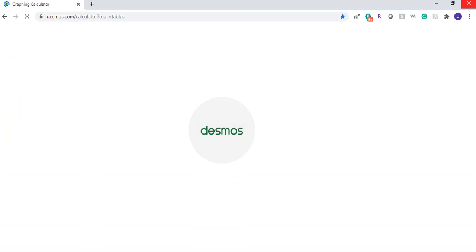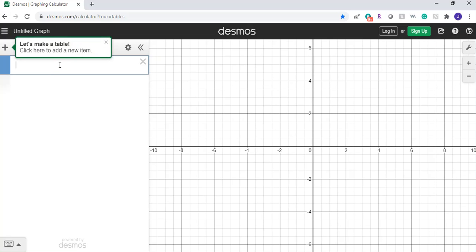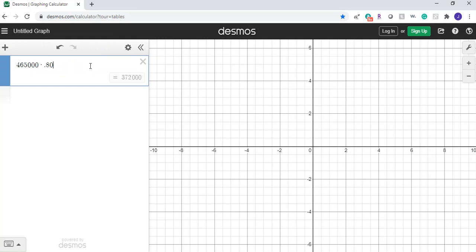It's taking a little while to load. All right. So we would take our 465,000 and multiply it by 80%. And now our new principal would be 372,000. That would be our principal.